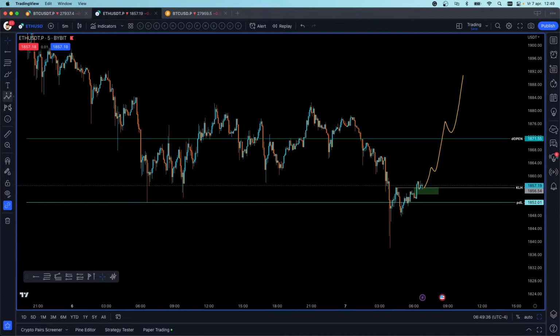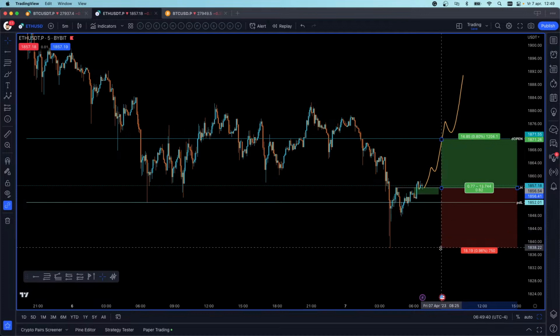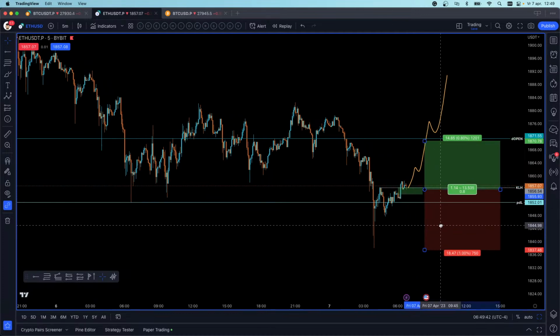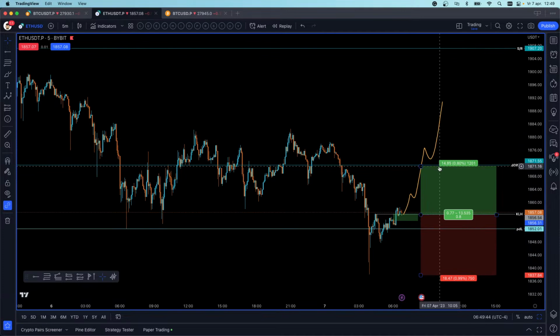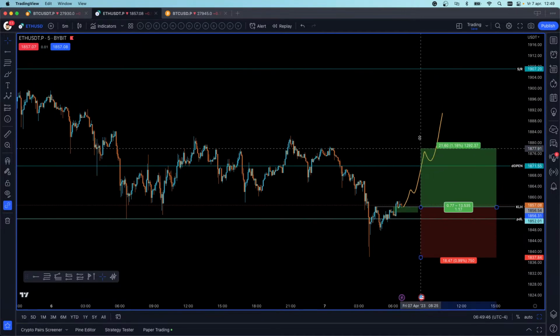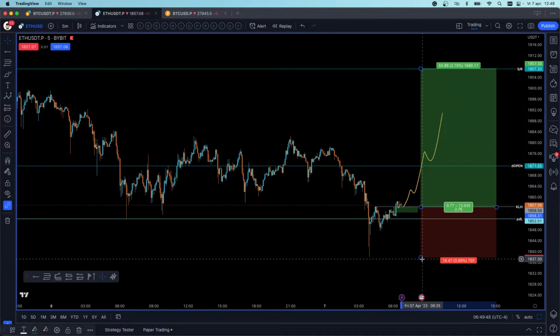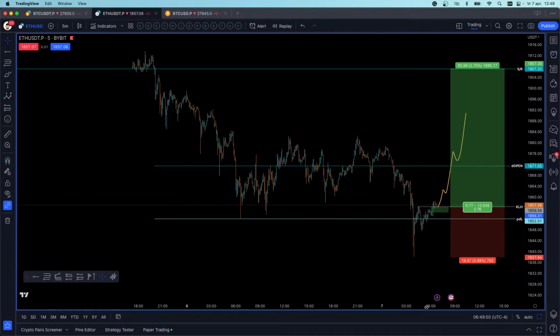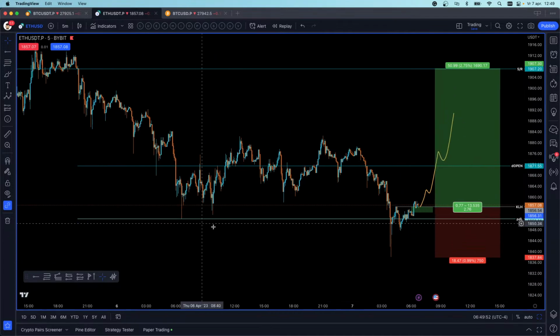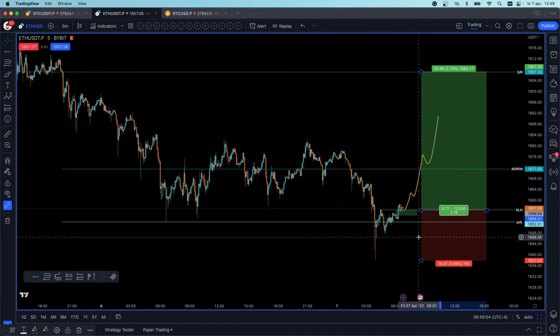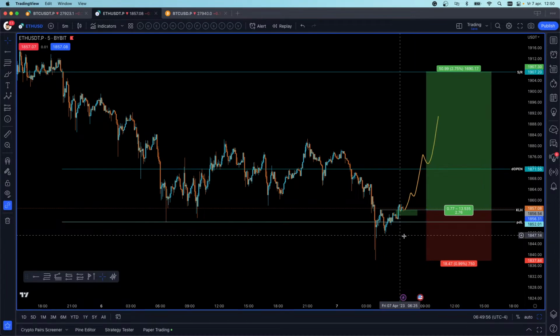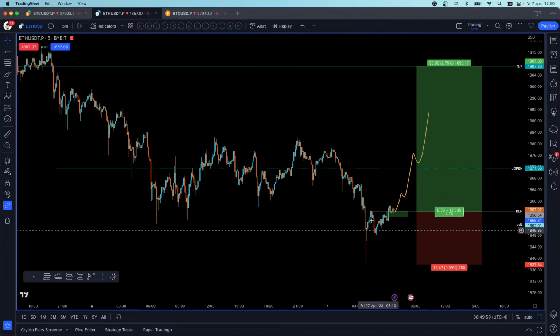Yeah, so here it is a setup, but it's not really giving you too much, but this could eventually happen. Took liquidity from previous day low. We don't know.